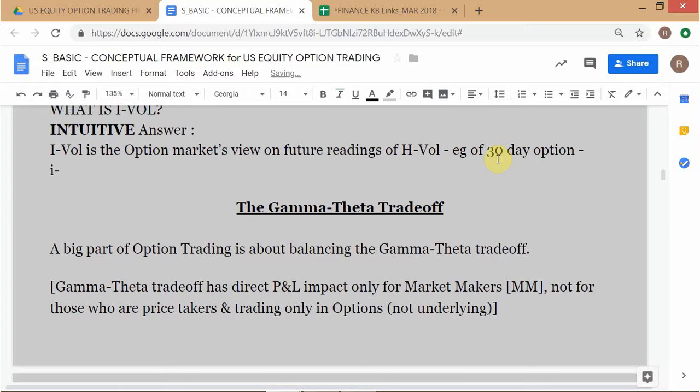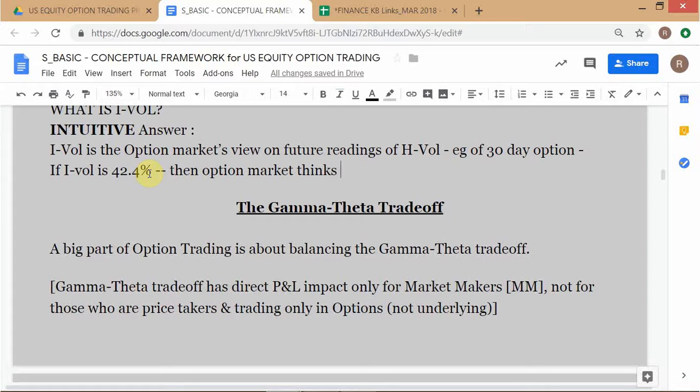If IVOL is, we take the example that we gave, 42.4%, then the option market thinks, based on prices available in the option market. That's why we say the option market thinks.